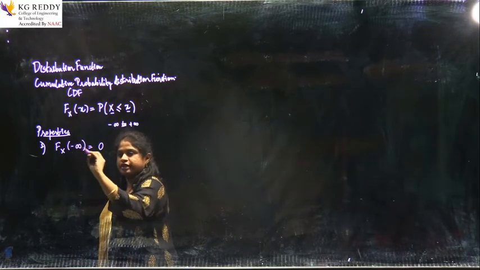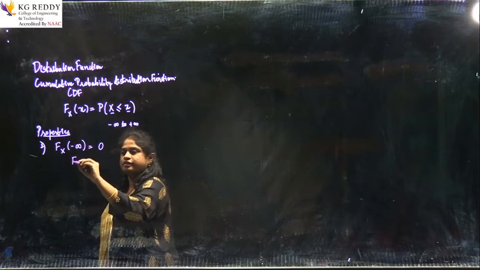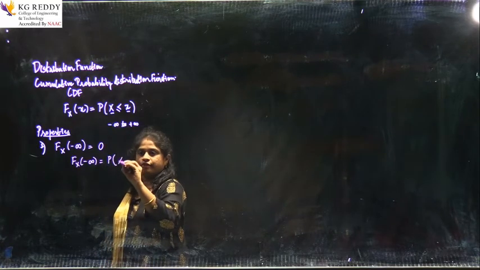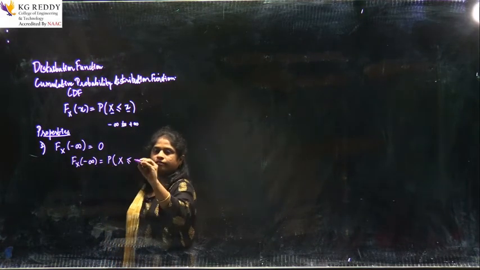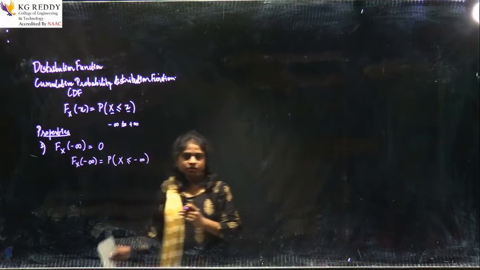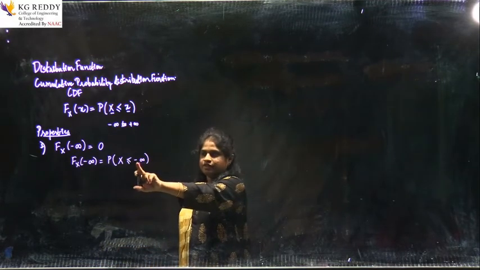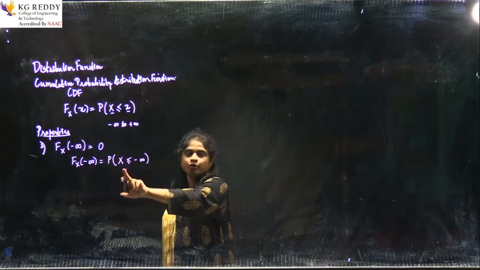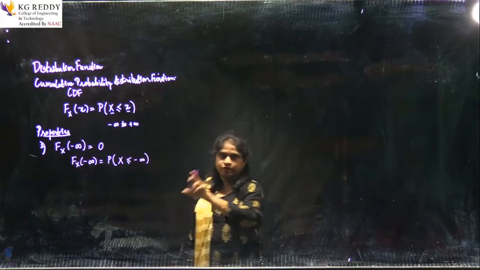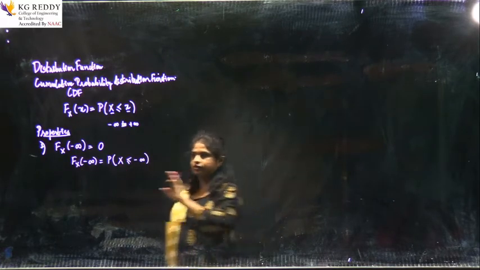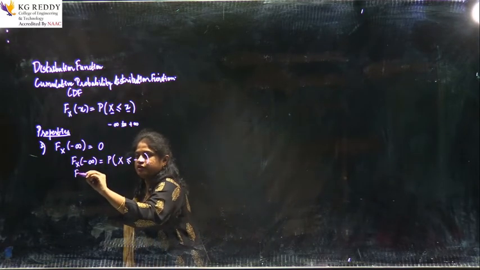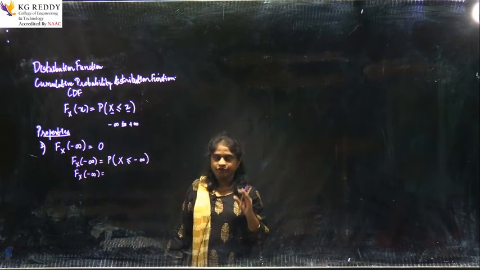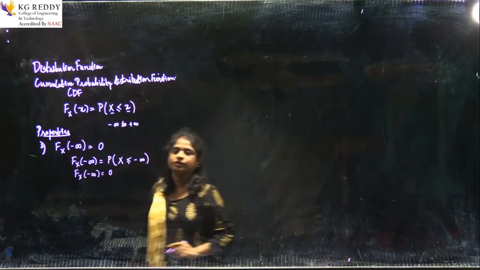Fx of minus infinity can be written as the probability of X less than or equal to minus infinity. As the real axis starts from minus infinity, for less than or equal to minus infinity there is no number, right? There is no random variable. So, I can say that the cumulative distribution function of minus infinity will be equal to 0.